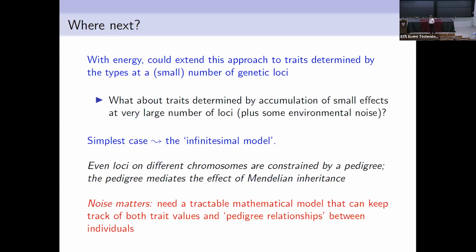So what we need is a tractable, and I choose my words carefully, I can write down a mathematical model, but I can't write down a tractable mathematical model that keeps track of these so-called pedigree relationships: the way individuals are related through parents and grandparents and great-grandparents, a branching and coalescing structure that goes backwards in time, and the trait values which are determining their ability to adapt to a new environment.